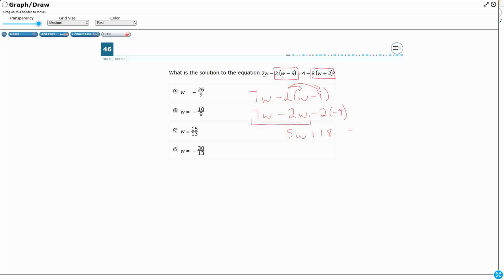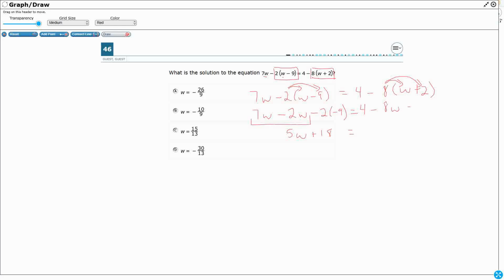All right, so I'm looking pretty good on one side. Let's get this other side working here. I've got this 4 minus 8, and that's being multiplied by the w plus 2. So I can distribute that 8 to multiply by the w and the 2. So it's 4 minus, and then 8 times w is just 8w.